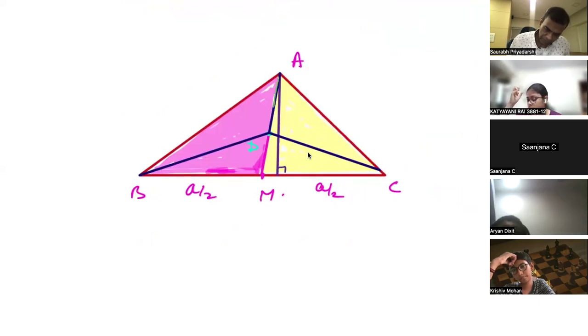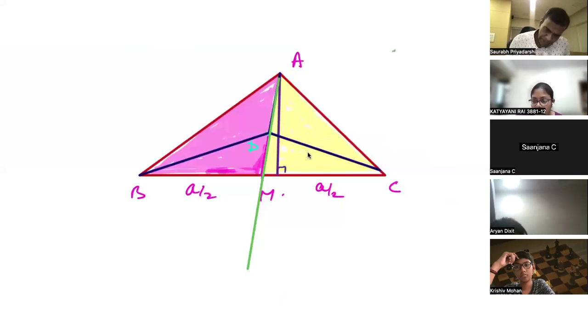Like in ABC, AM was the common height, right? So here MD would be the common height. In triangles ABM and ACM, when we subtract the common triangles BDM and MDC, then we can prove that ABD and ACD are equal, because AM is the median for both the triangles, and so the ratio of areas will be the same.